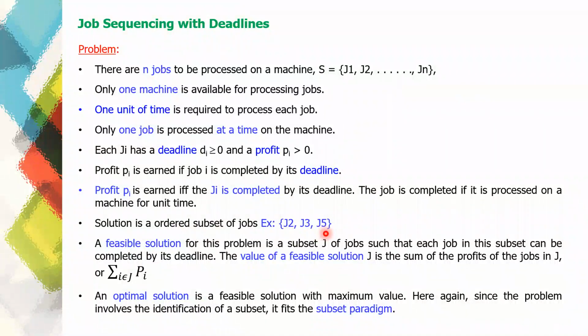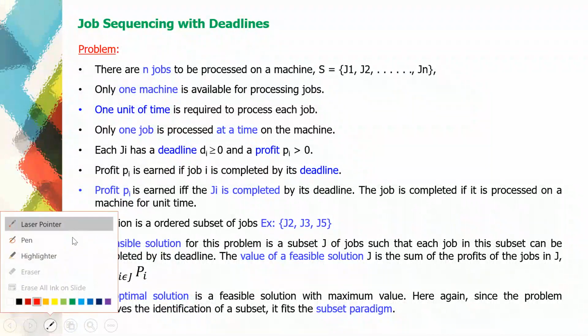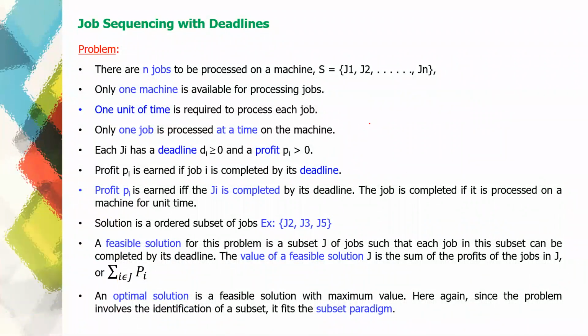That means on the machine, in the first time unit, J2 will be executed, in the second time unit, J3 will be executed, and in the next time unit, J5 will be executed. Only these 3 jobs will be executed among the n jobs. It need not necessarily be J2, J3, J5. It may be J3, J5, J2.